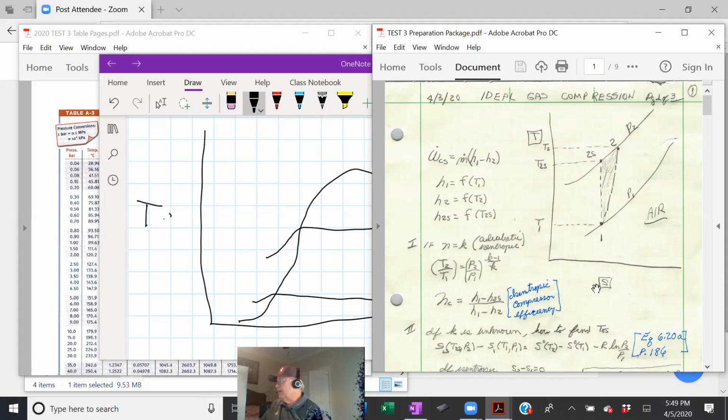You'll see we go in a straight line up the entropy axis, so entropy at 1 is entropy at 2. We do that because that's our baseline. We know we're never going to get that good, but how good a compression we get will depend on the isentropic value. So our actual compression does something like this.